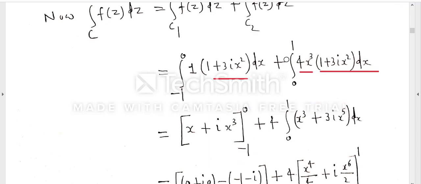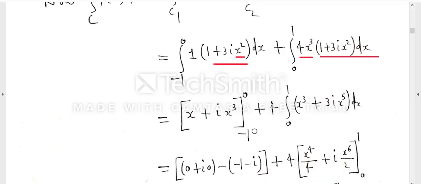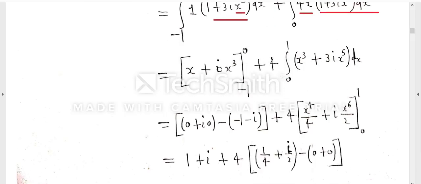Okay, now these are simple integrals of real variables. Here x is a real variable. So we can rewrite this by direct integration: the integral of 1 with respect to x is x. This is going to be x cubed by 3, so 3 will cancel out, and x is from -1 to 0. Here we consider 4 outside. We multiply this bracket by x cube, so it is x cube plus 3i x raised to 5.